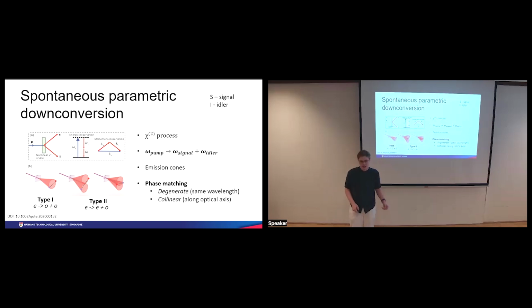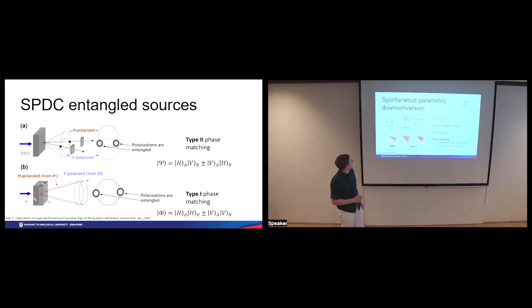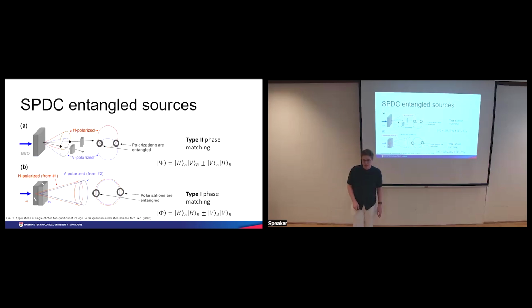So in bulk optics, this is how you would tailor your sources, and you can modify the phase matching to produce different kinds of emission cones. If you want to generate entanglement this way, there are two very classic, well-established ways.